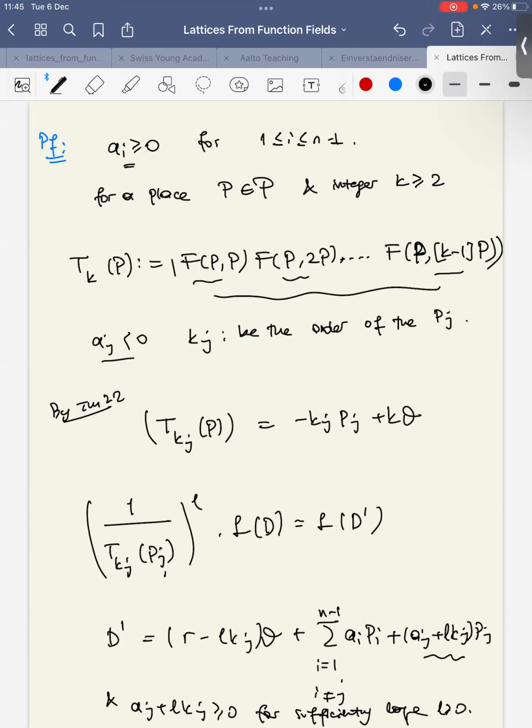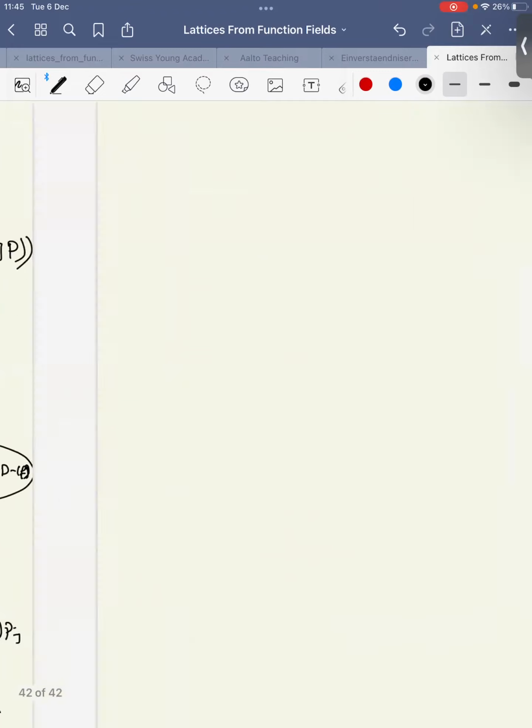And moreover, D prime is principal if and only if D is a principal divisor, right? You can again observe this by looking at this equation.